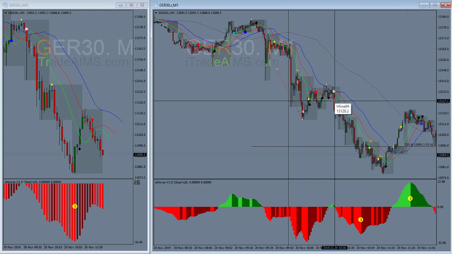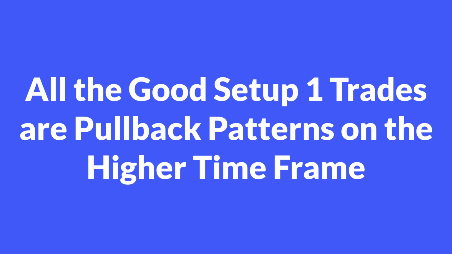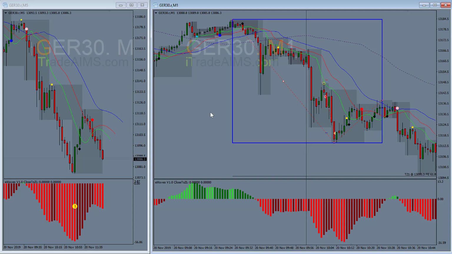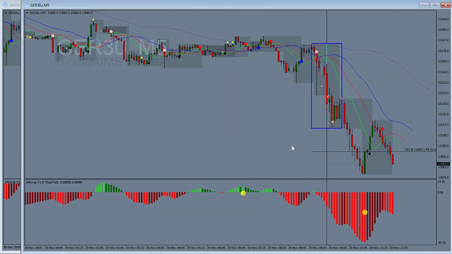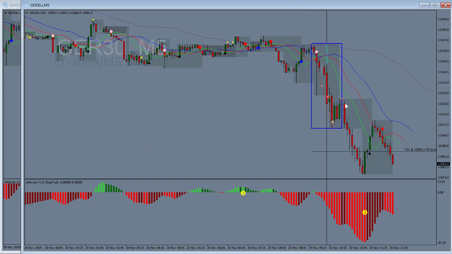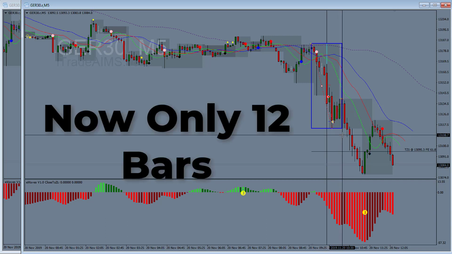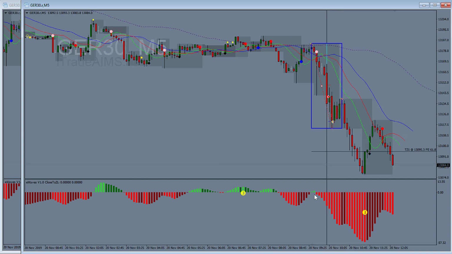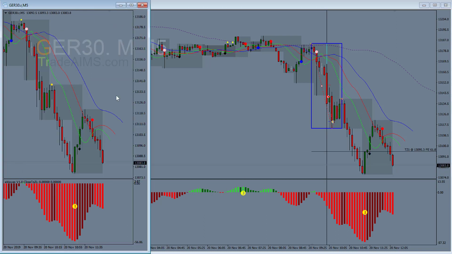Turns out all the good setup ones, so for example, if this is a good setup 1, when you squeeze this onto a higher time frame, let's say go to M5, guess what happens? You have the push and the pull, but it's not as clear as setup 1 over there, but it created a pattern, a peak of AO and at least one dark bar with a clean, clear gator open, like this.